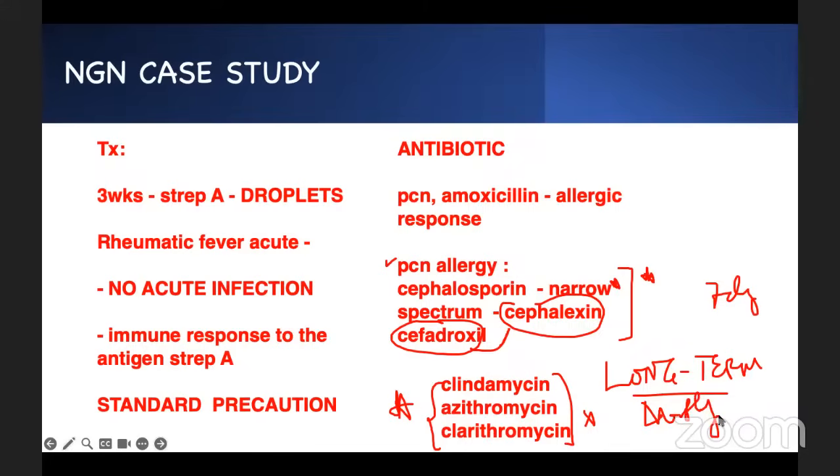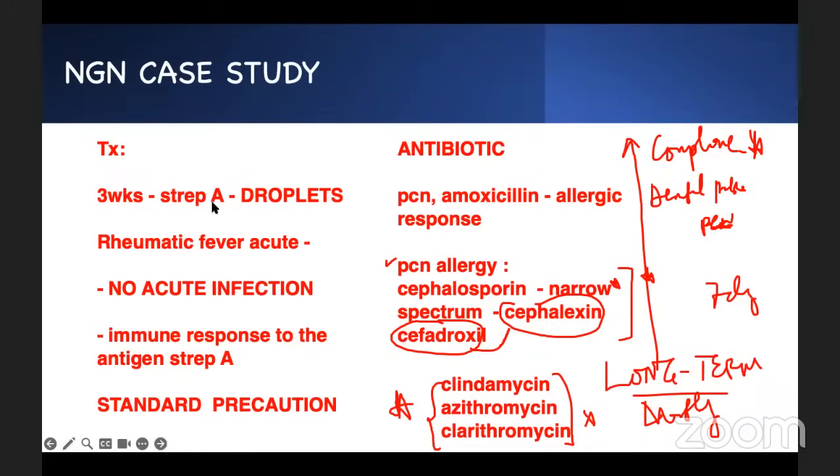So it's very, very important that they know they need a long-term antibiotic. Compliance is the problem, so you teach them about compliance. And then you tell them, if you're going to have any dental problem, yes, you need antibiotic. That's key.